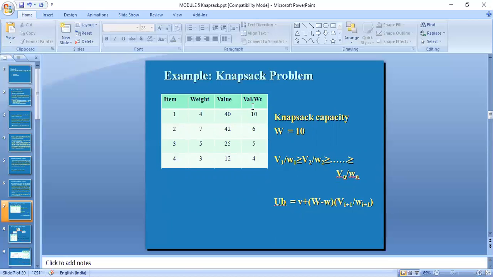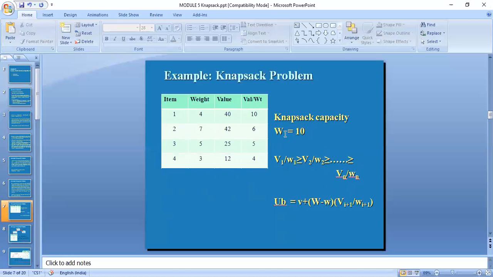So first find value by weight and arrange the items in such a way that the highest ratio is the first one, so you put them in decreasing order of the ratio. V1 divided by W1 should be greater than or equal to V2 divided by W2, and so on up to Vn divided by Wn.